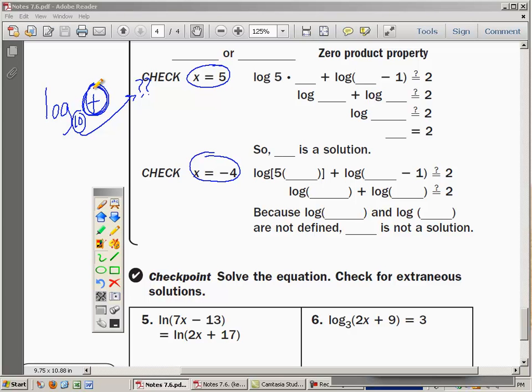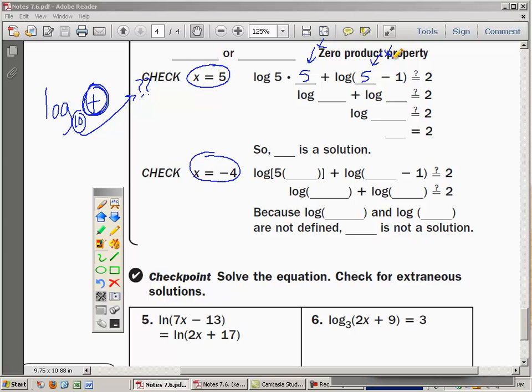Well, let's plug this in and check. Okay, this is log base 10 of 5, because again, our x is equal to 5. And so back from the beginning, this is log base 10 of 5 times 5, log of 5 minus 1, because again, this was my x and this was my x.